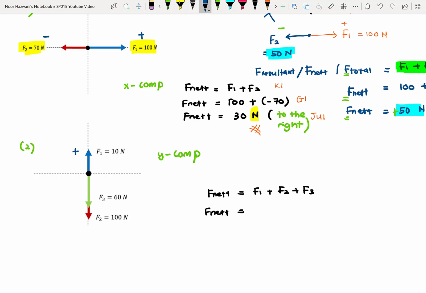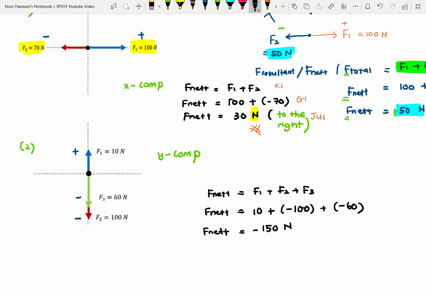F1 ni akan jadi positif, F3 ni akan jadi negatif sebab dia opposite dengan F1. So, bila kita masukkan value, F1 kita is 10, plus F2 kita is negative 100, plus F3 kita is negative 60. So, the final answer would be 10 minus 160, so you akan dapat minus 150 Newton.